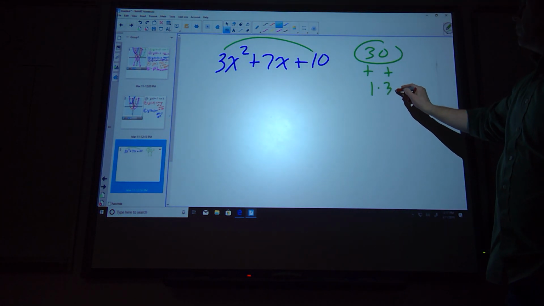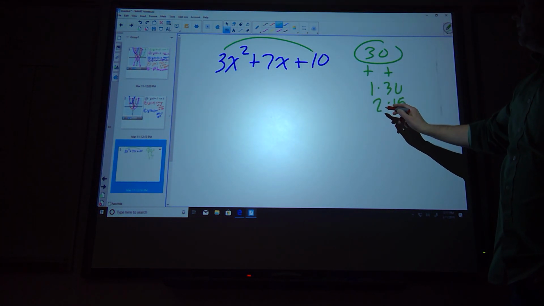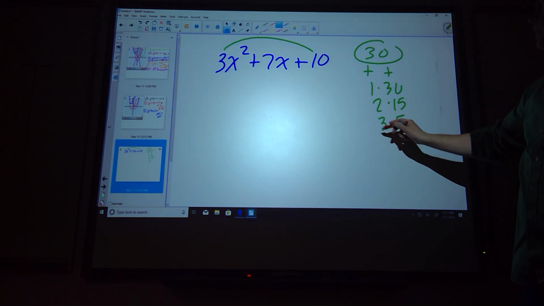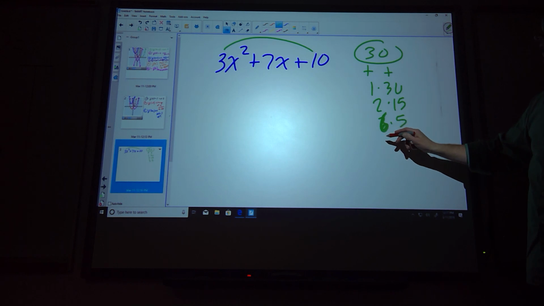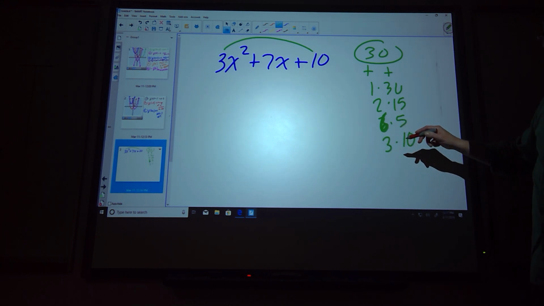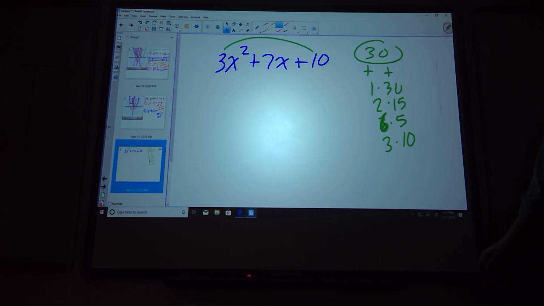The factors of 30 are 1 and 30, 2 and 15, 6 and 5, 3 and 10. And I think that's it. Those are all the ways I can get to 30, right? Is there any way I can make any of those factors add up to 7? No. So this doesn't factor.